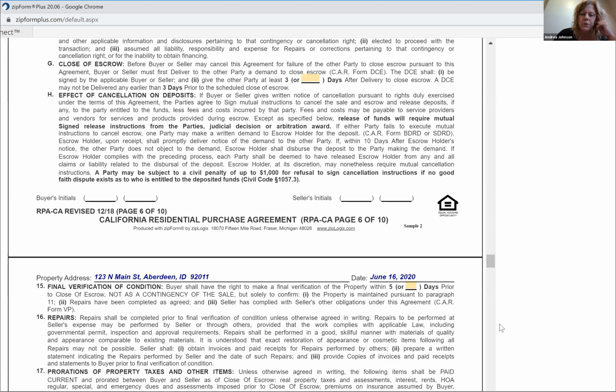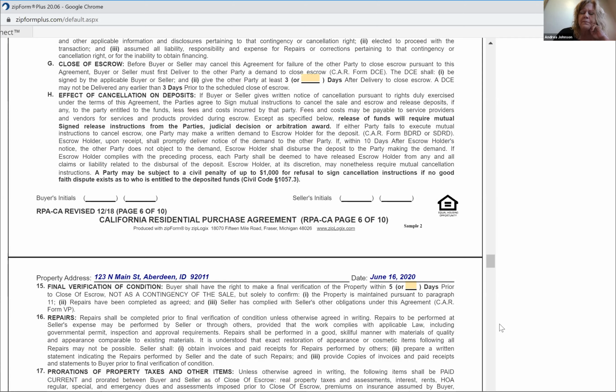If the escrow holder complies with the preceding process, each party shall be deemed to have released escrow holder from any and all claims or liability related to the dispersal of the deposit. Escrow holder at its discretion may nonetheless also require mutual cancellation instructions. And typically, if your client is issuing a cancellation of contract, CAR form CC, and that does get signed by all parties, that's a two-part form.